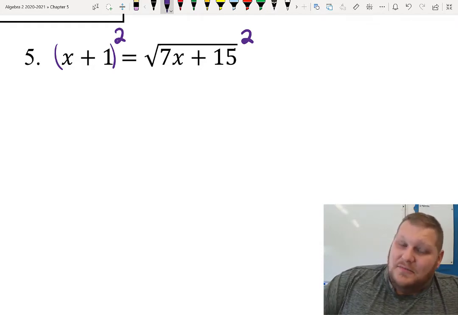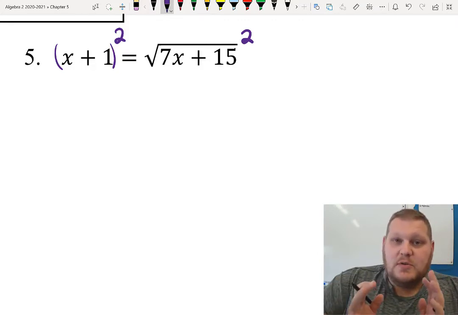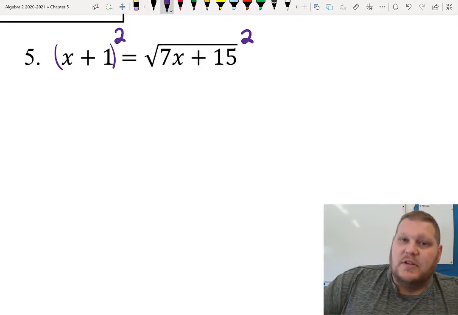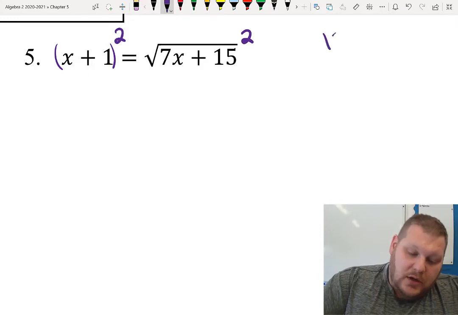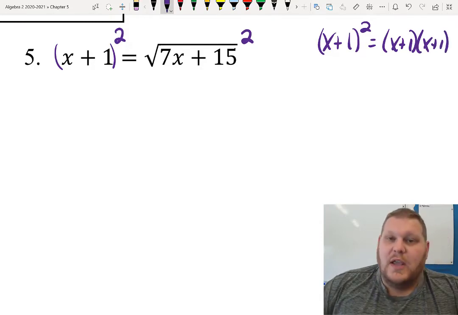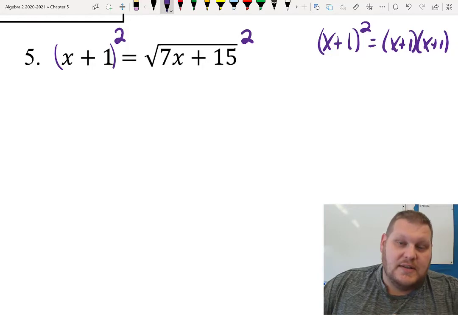When I do that, this is a common mistake that a lot of us still made even on the final: when we square an expression, when we square a binomial, x plus 1, a lot of us are still just squaring my x and squaring my 1, which is not the case. Remember, x plus 1 squared is the same thing as x plus 1 times x plus 1. We have to multiply it by itself, by the same parenthesis.